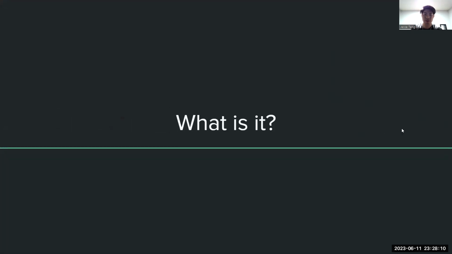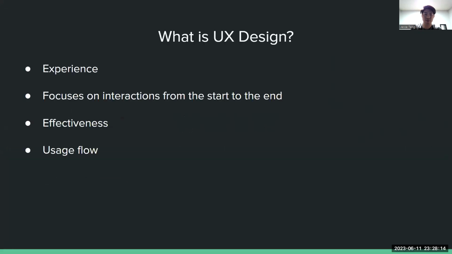So what exactly is UX design and what is UI design? UX design is primarily focused on the user experience, where we talk about how a user interacts from the start of the application to the end of the session.